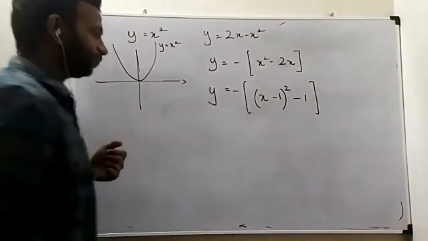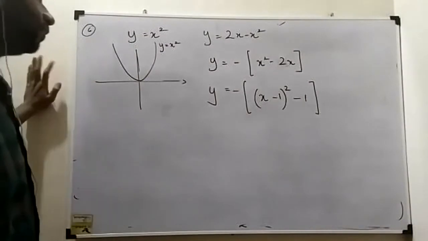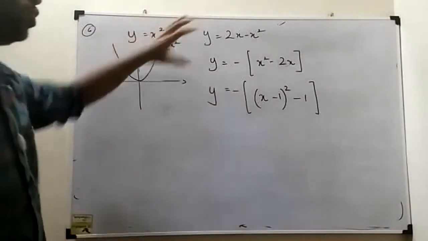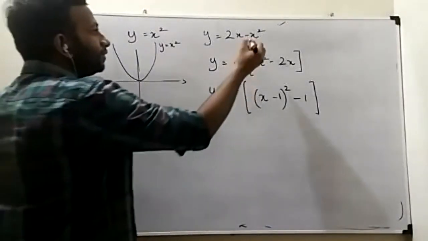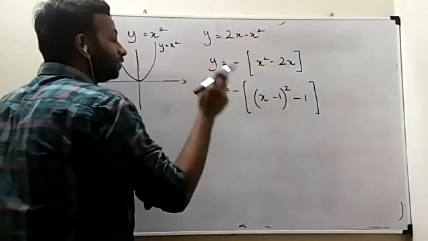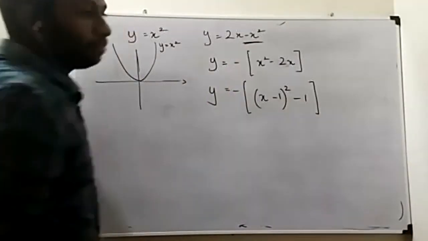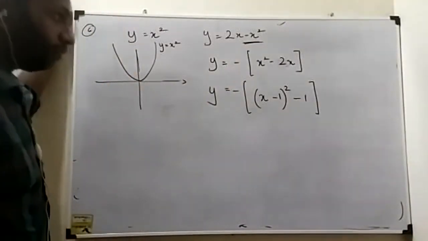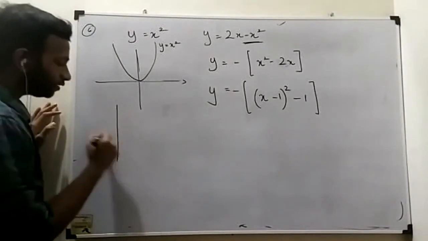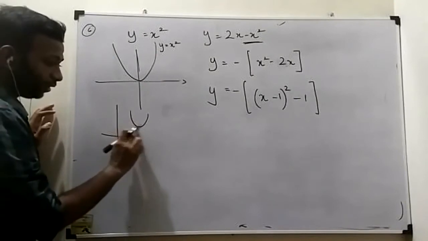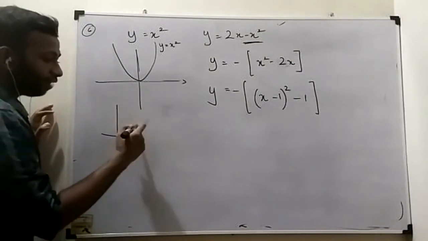y equals, draw the graph. So the sign of the coefficient of x squared shows whether this graph is a minimum graph or a maximum graph. What is a minimum graph? When the graph is like this, it's a minimum graph. It has a minimum point. The maximum graph is when the graph is like this.